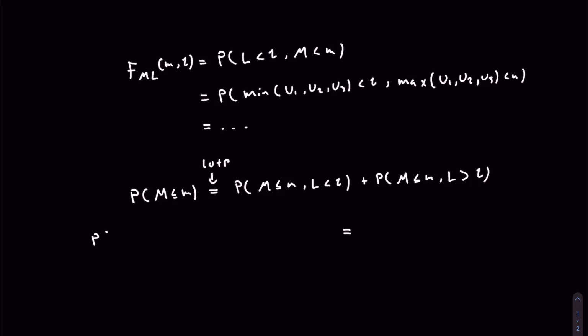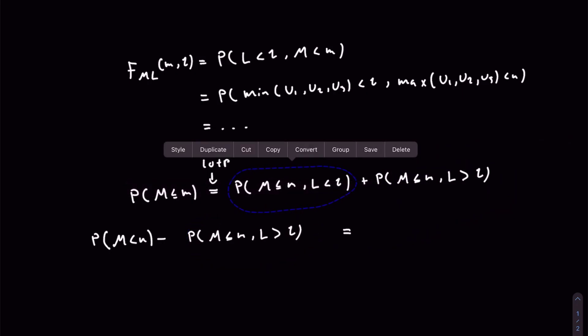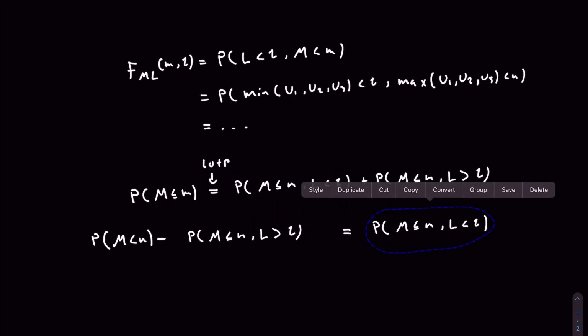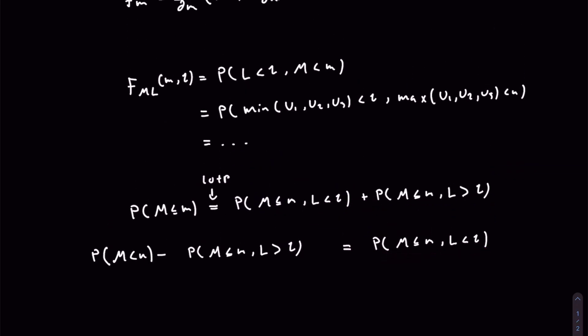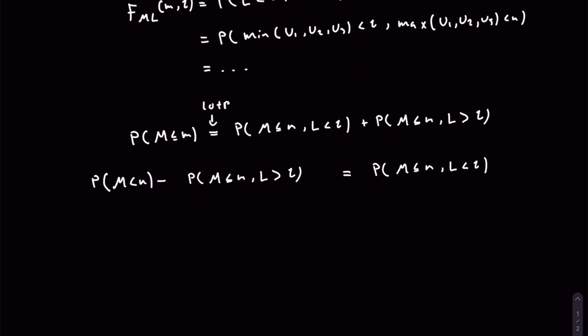So I'll have probability of M less than m minus, now we're going to take this part, duplicate it, and we're going to take that part, duplicate it like so. All right, so now we have what we want to calculate just sitting to the right. That's great, this is what we want. So instead of going through this calculation, we can go through that calculation, which is indeed a much easier one.